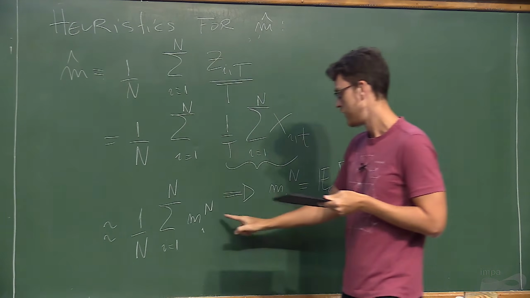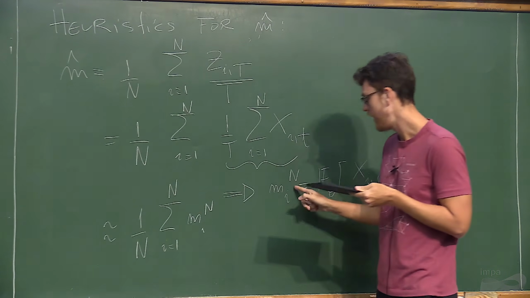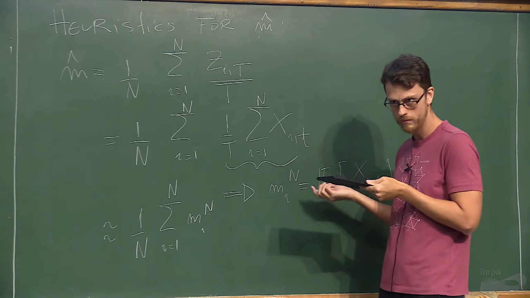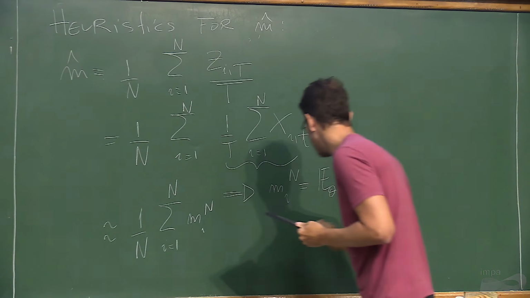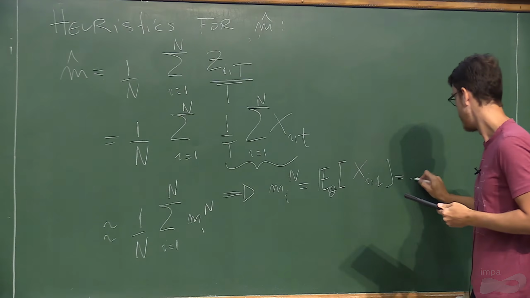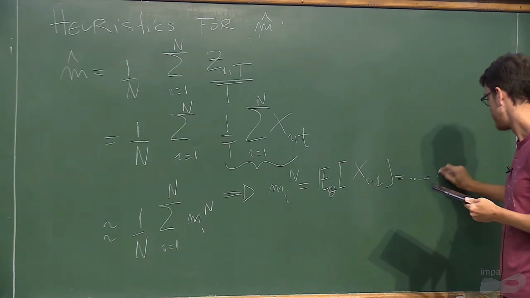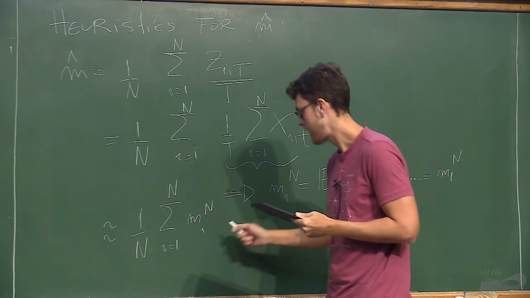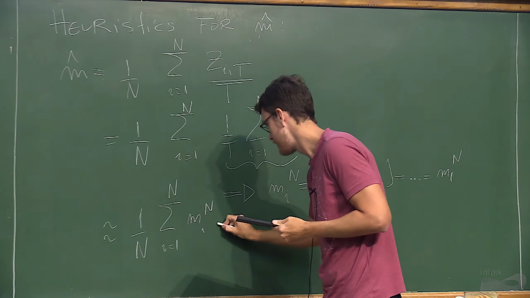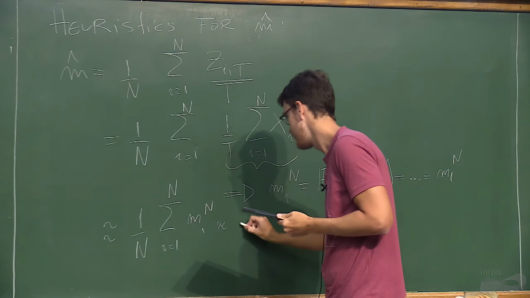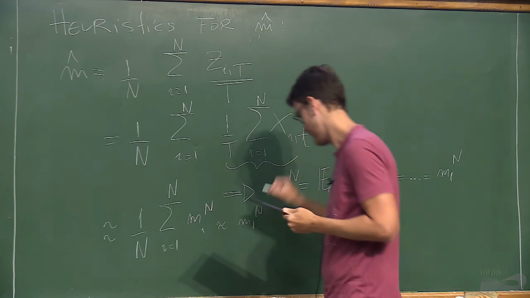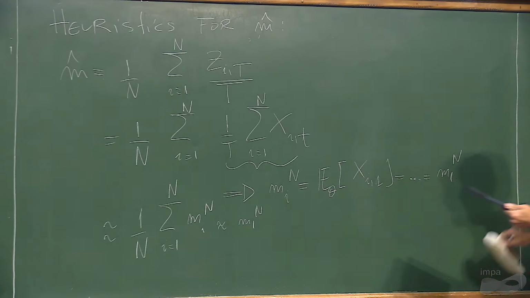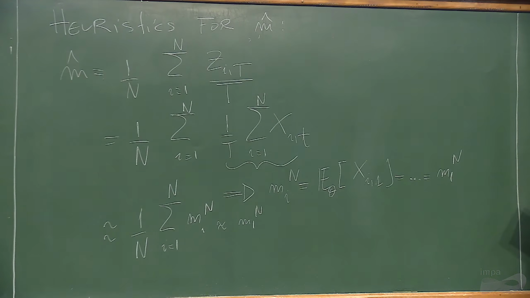In fact, each mi of n is essentially the same, and I'm going to call them M1 of n. So this empirical average over the mi's equals M1 of n, and then we can get an equation for this very easily.